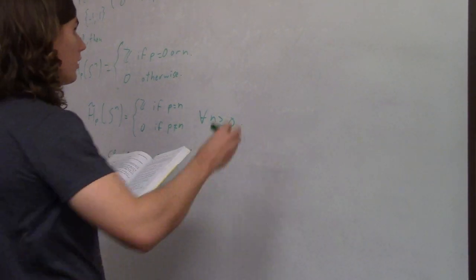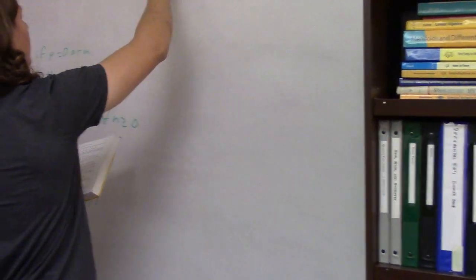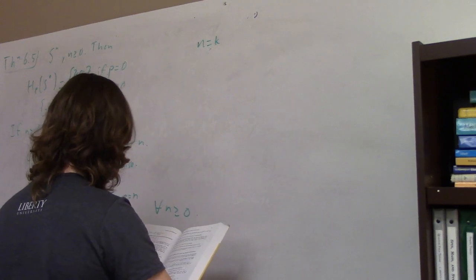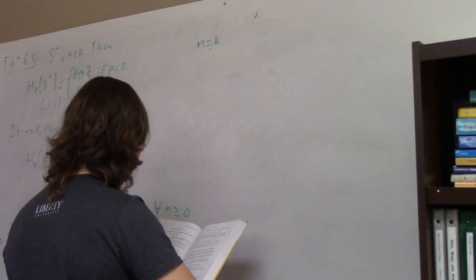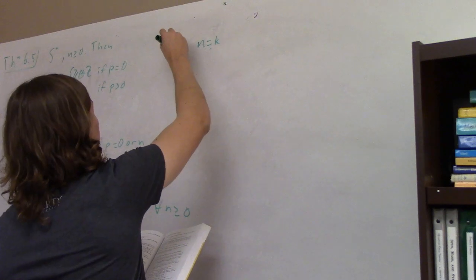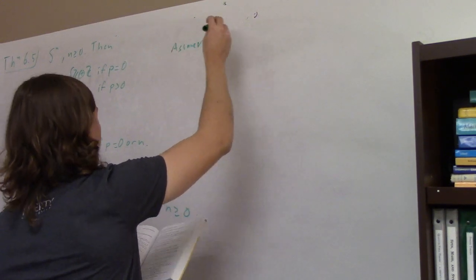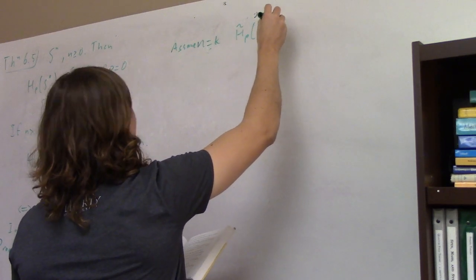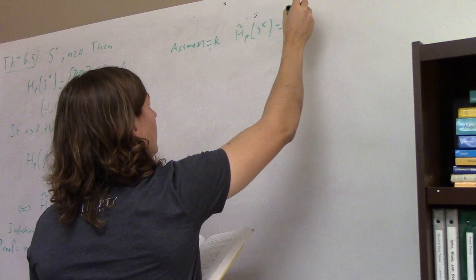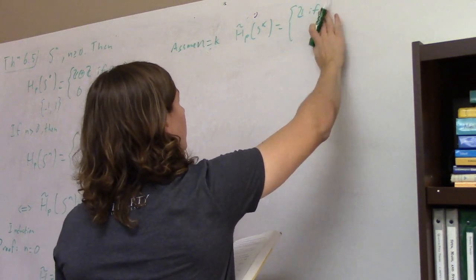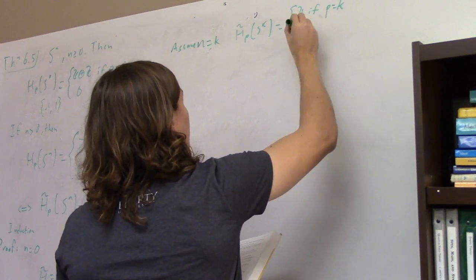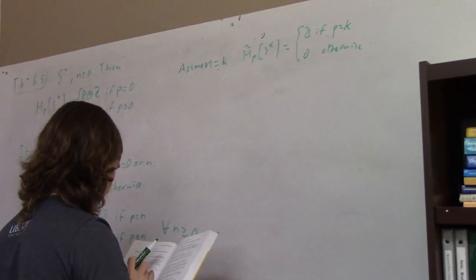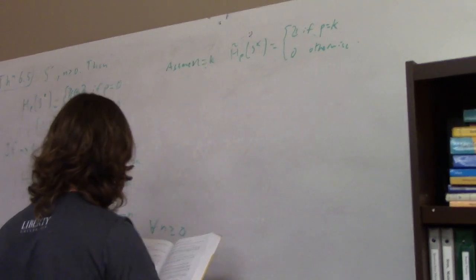Now you're inducting. Let's say n equals k, so assuming it to be true, that H_p of S^k is equal to Z. Okay, so let A be the north and south poles.